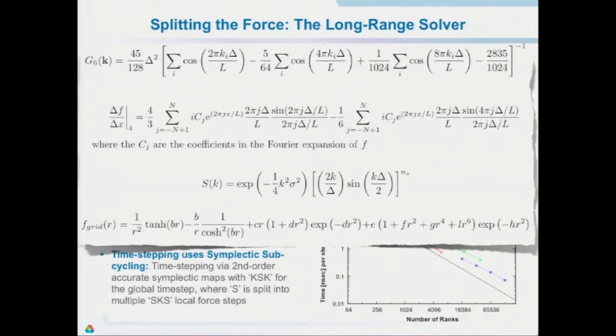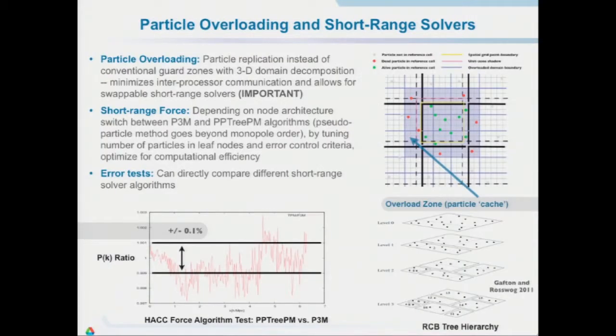The other important thing we have is something we call particle overloading. This is important for two reasons. We split the calculation across the processors, across nodes, in such a way that we minimize the internodal communication as much as possible. We do it by taking a memory hit, by having nodes, in some sense, over-calculate, okay?